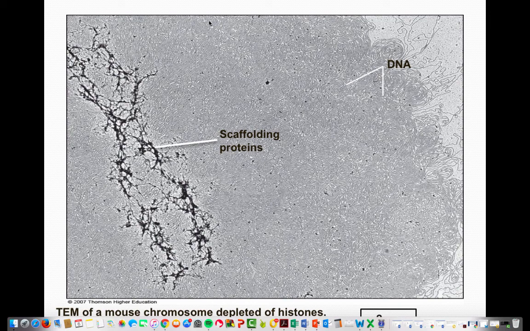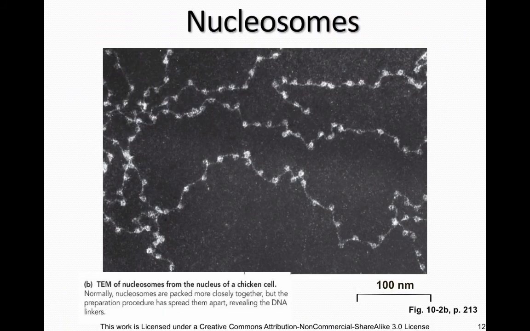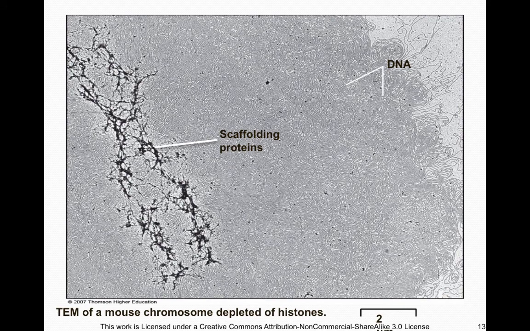You can see these are the little lines of DNA right here, and how much there is compared to, look at that. And then let's look back at this. Do you see how different that is? So the scaffolding proteins help to make it less of a mess in here.